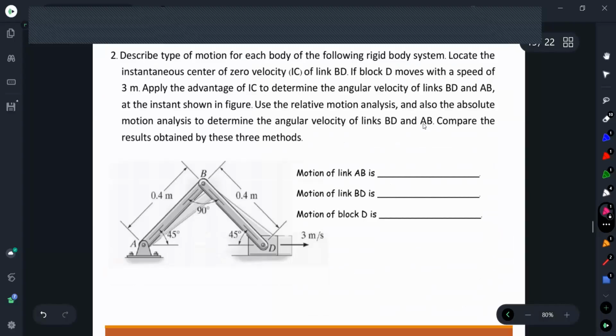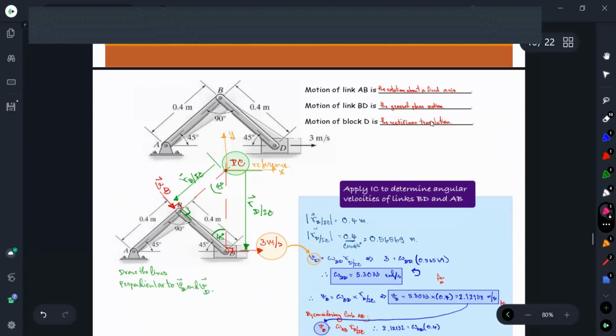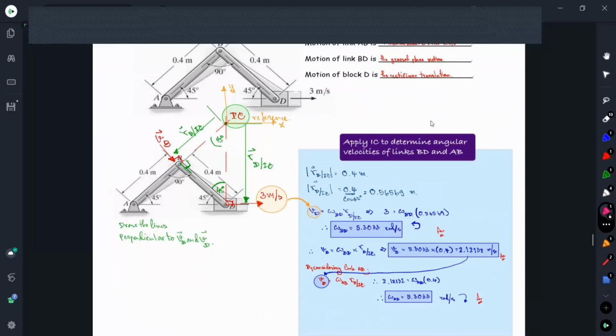So for the second one, we have done it already for the group activity, right? And we may solve this problem again together. For the case where we apply the technique of instantaneous point of zero velocity, we find the IC.